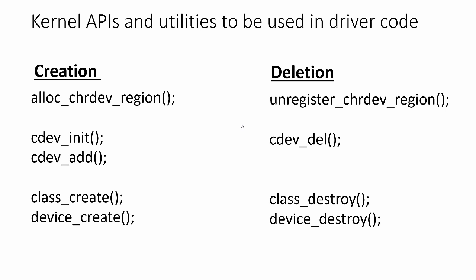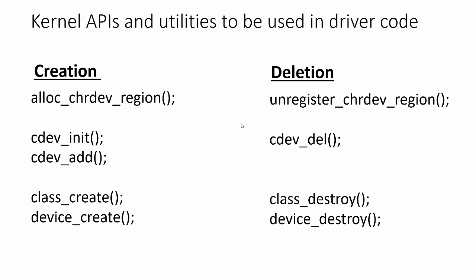When you remove the module, it's better you delete all those resources that you requested from the kernel. Otherwise, it will simply consume resources of the kernel. So, if you use unregister_chrdev_region, it will delete the device number allocated for your module, so that it can be reused for some other module.